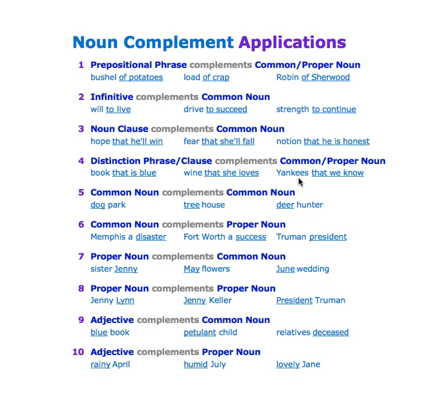So in this situation, somebody watching a baseball game would see the Yankees lose 20-0, and the diehard fan would say, well, gee, the team we just watched was not the Yankees that we know, you see? So you have the proper noun and the complement. Then you have application number 5, common noun complements common noun. We talked about that. Number 6, common noun complements proper noun. Number 7, and so forth.